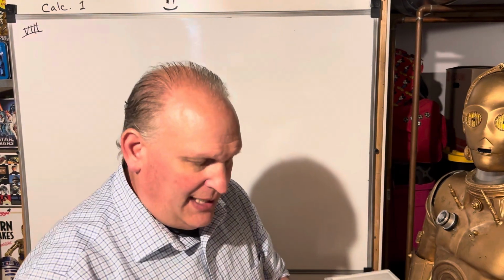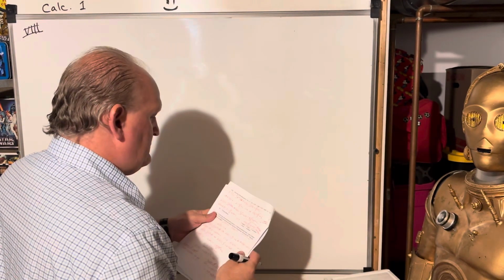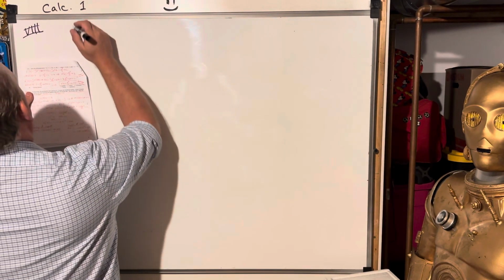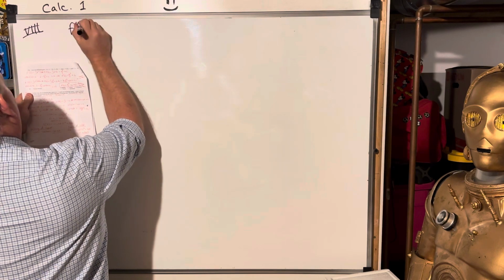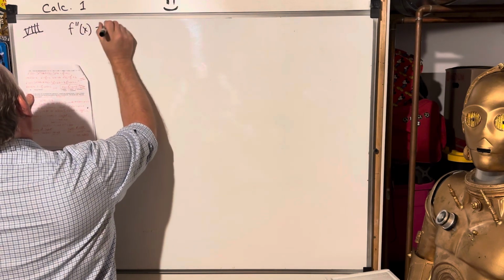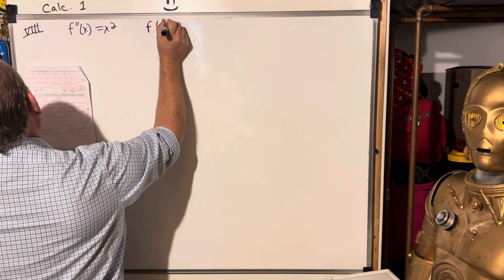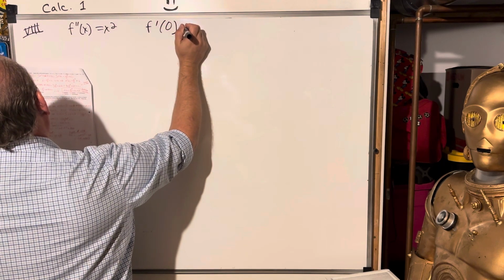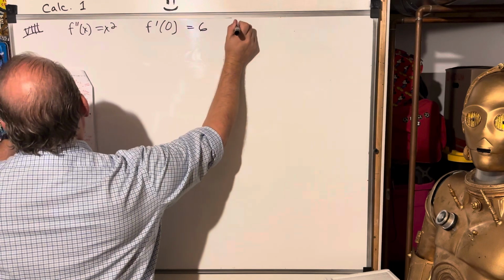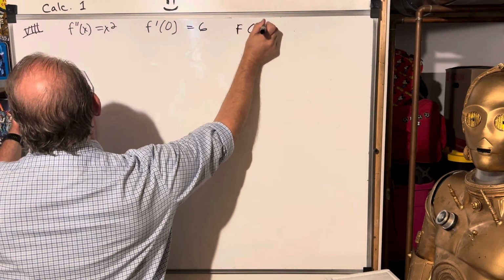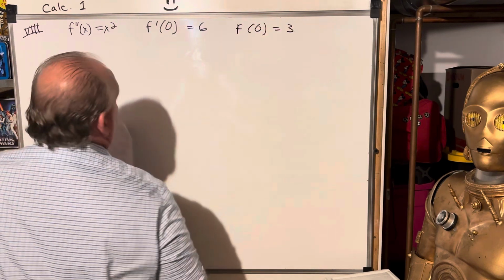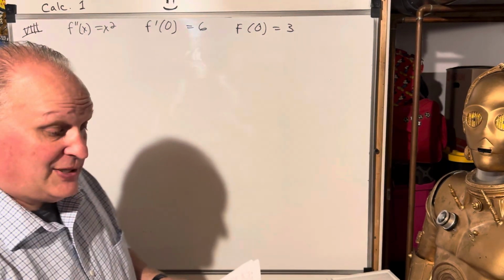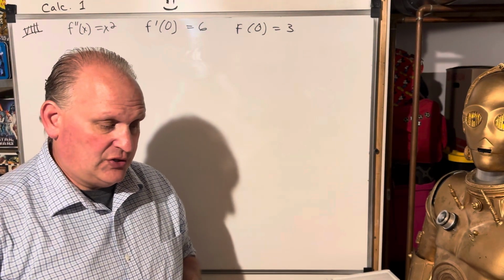I know this is 4.9, but it's in the 5 packet. So it says solve the differential given that the second derivative f double prime of x is x squared, the first derivative f prime of 0 is 6, and the actual function f of 0 is 3. And they want a particular solution. They don't want a general solution.